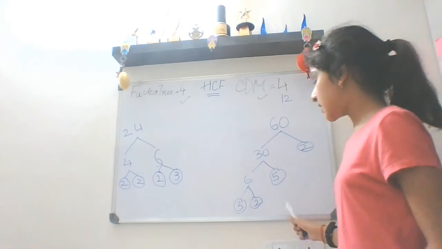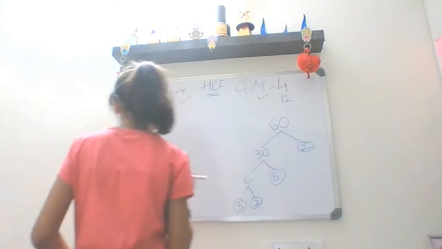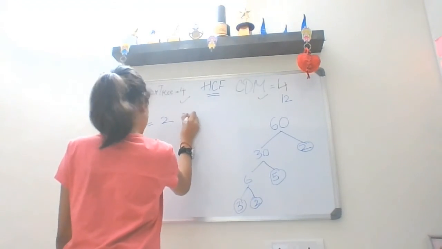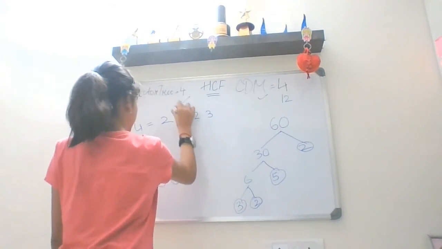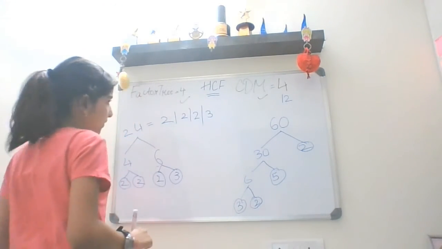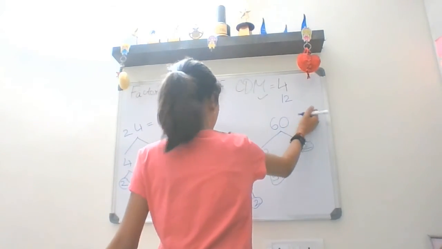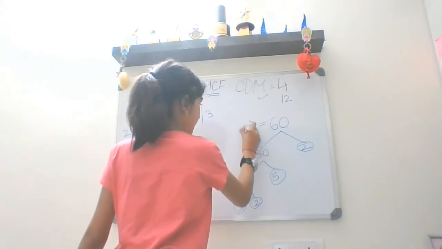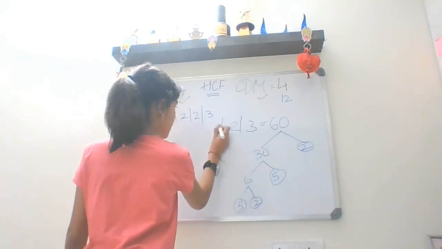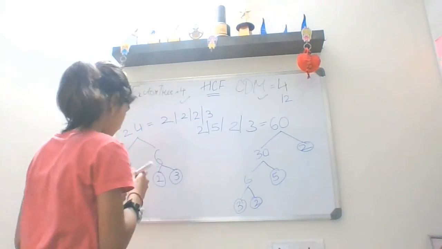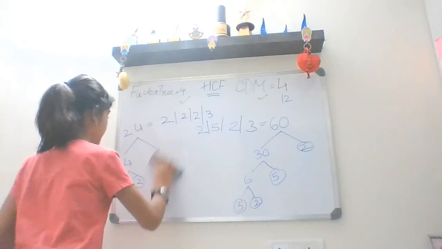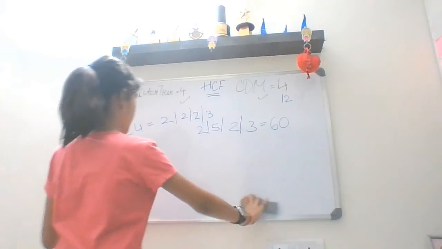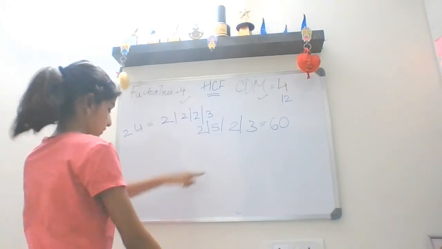Now which are common here? Let's write them down first. For this, it is 2, 2, 2, 3. Okay? And for 60, it is 3, 2, 5, and 2. Right? So let's erase the factor trees. So let's see the common numbers. 2 here, 2 here.